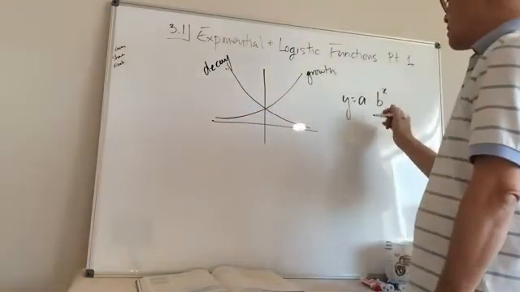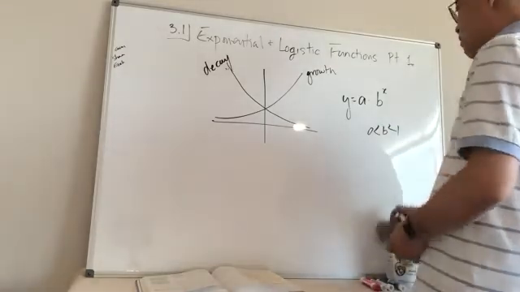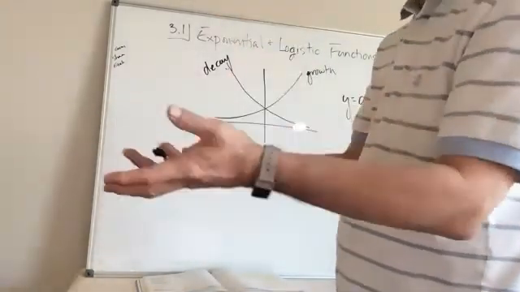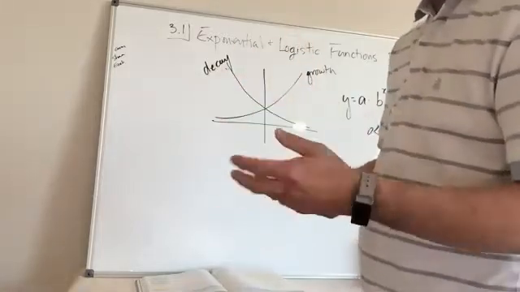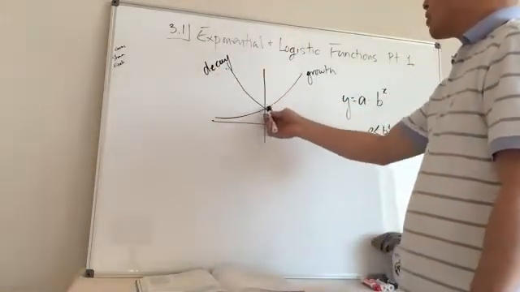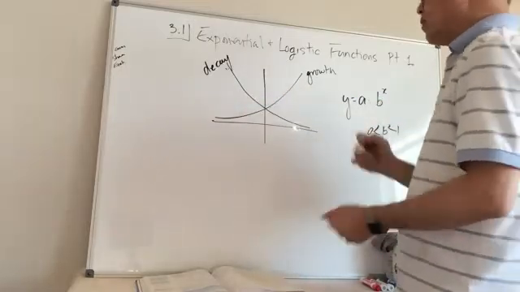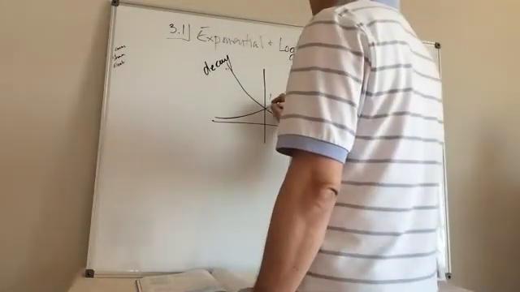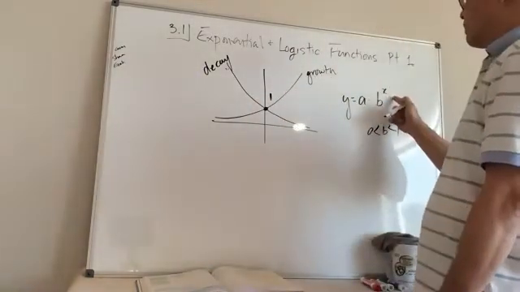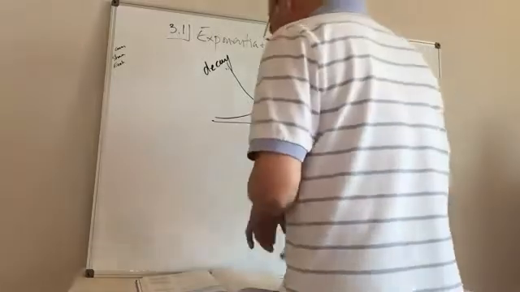Whereas if b is between 0 and 1, you're multiplying by a fraction, 1 over 4, 1 over 2, whatever it may be, you're just going to decay away. So as x goes up, you're going to go down, right? Obviously these both go through this point here, which is 1, because when x equals 0, you get 1, okay?